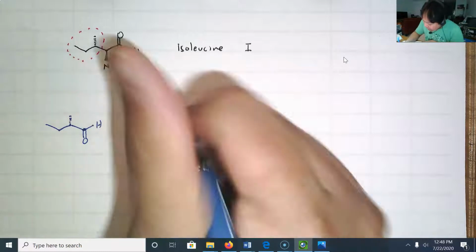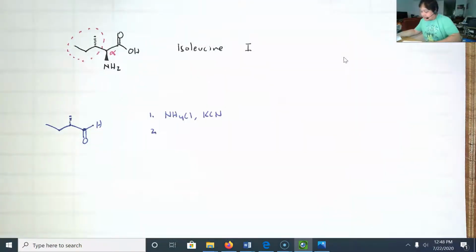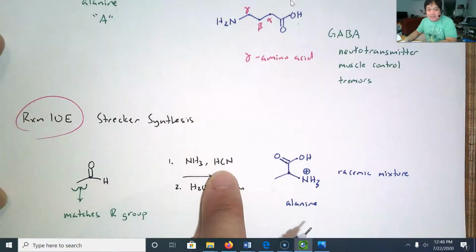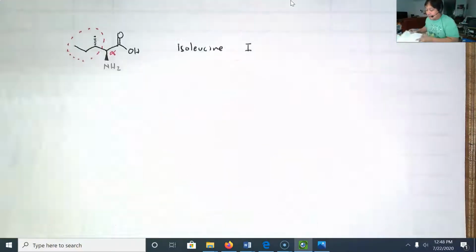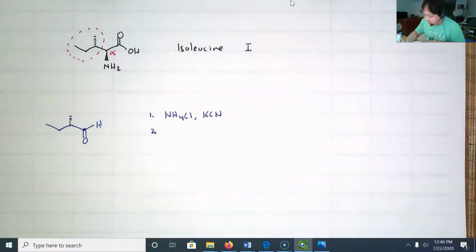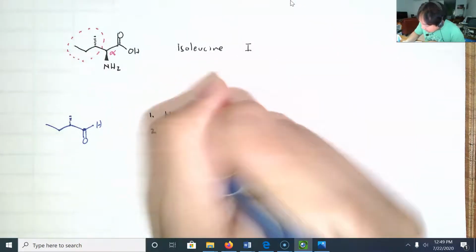Again, in practice, we mix these two. I'm not sure why. I think it's because we typically don't have a canister of hydrogen cyanide gas. We make it within the round bottom flask. Then we'll just do H3O plus and heat to hydrolyze.